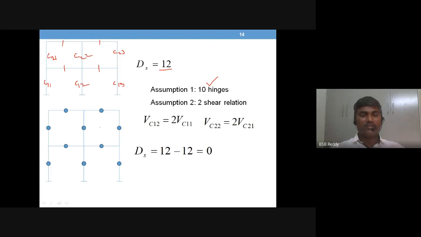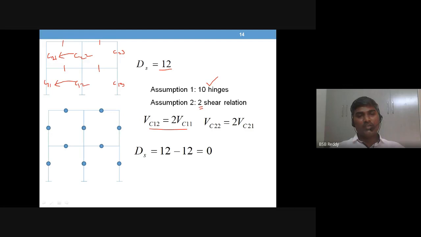This example was already seen in the last session, and the 2 more equations are by shear relations. One relation is possible in story 1, another relation is possible in story 2. Those are the 2 equations, either this or 1 2 and 1 3. Either the first column or the third column you can relate with column 2. Both are same.